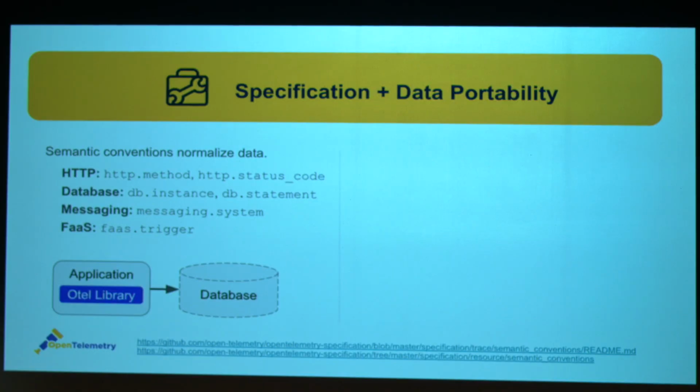Basically, semantic conventions help normalize what things are, objects, items in your environment. For example, let's say you're calling an HTTP endpoint or you're calling a database. If we can normalize what that looks like across all telemetry, we can do some pretty powerful things. The examples I'm showing here are tracing or distributed tracing semantic conventions, and you can see some of the names that OpenTelemetry uses for these different types of objects.